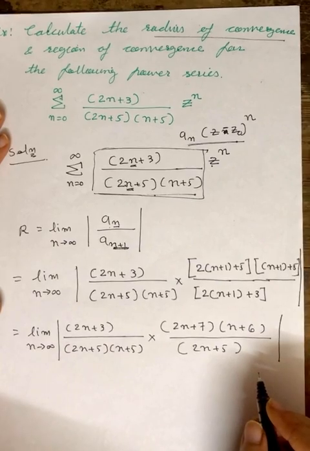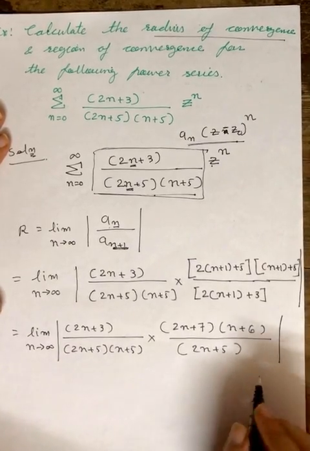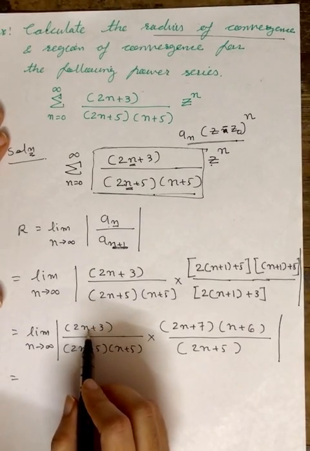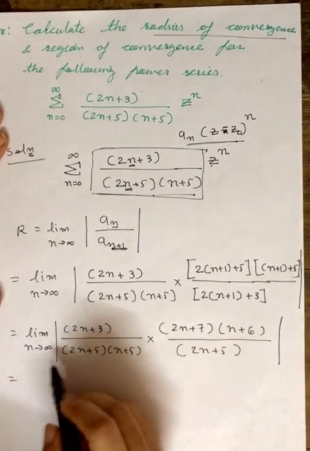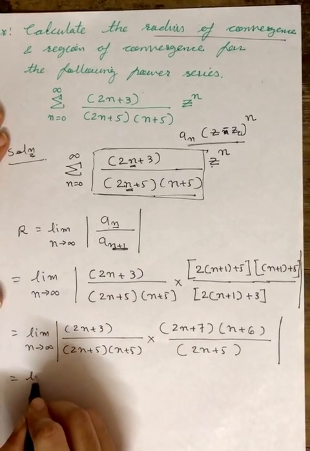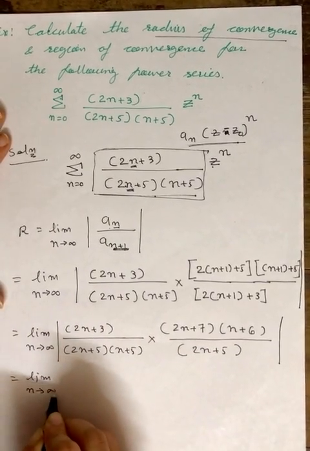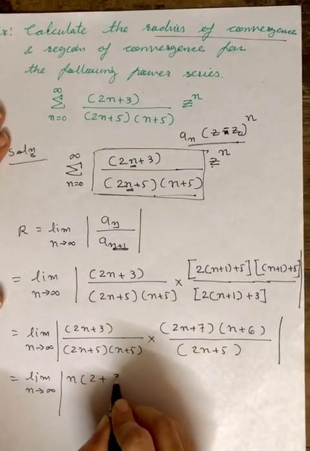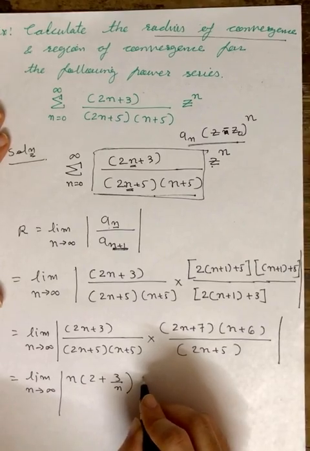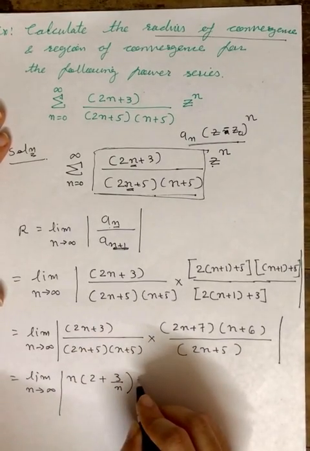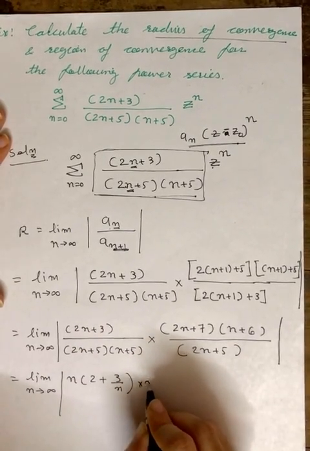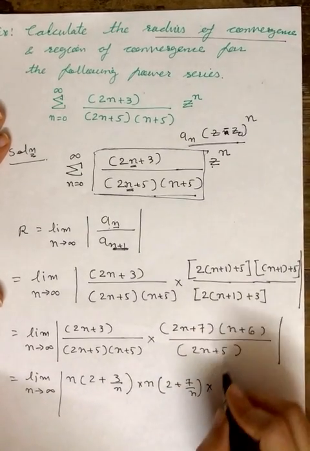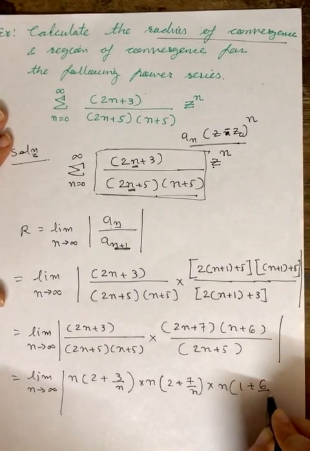Now what we will do is we will take n common from every bracket. Why we are doing this, we will know very soon, but you just take n common from this first bracket. So you have n into 2 plus 3 by n, into n into 2 plus 7 by n, into n into 1 plus 6 by n.